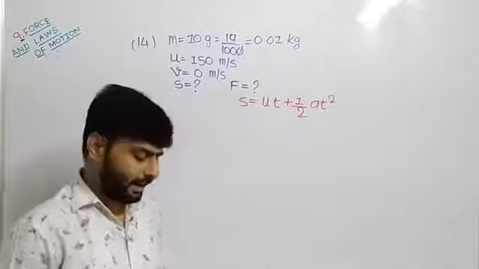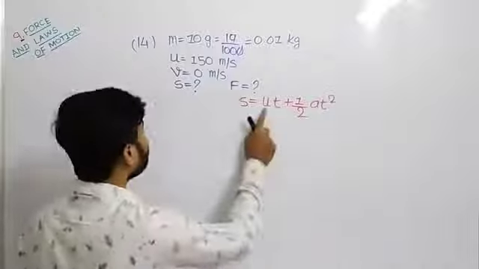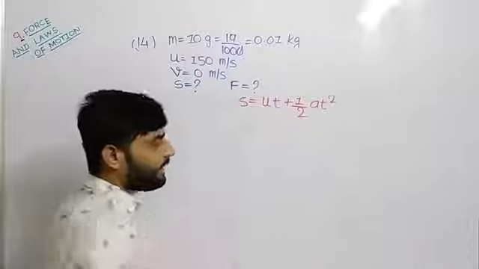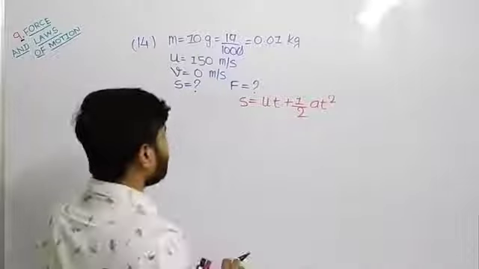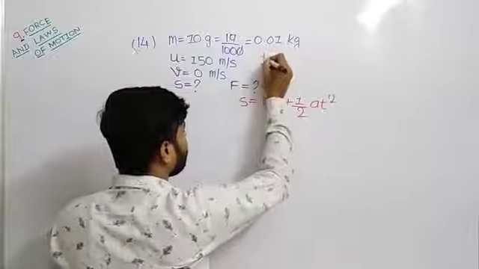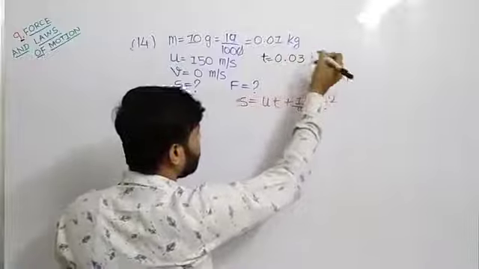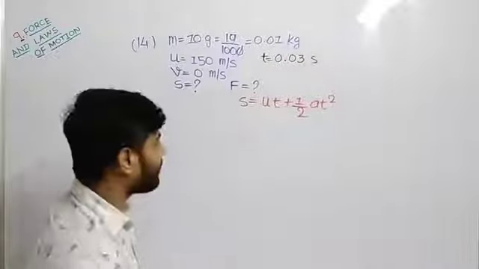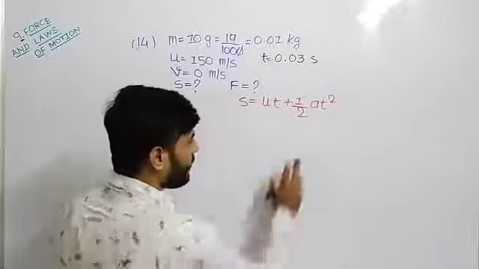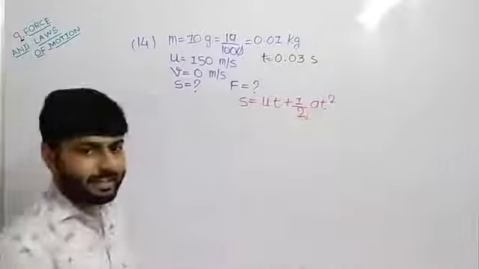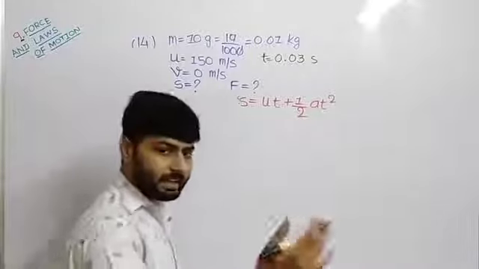For finding S, I need U. Yes, we have U. T, yes, we have T. What is T? It is given here: T is equal to 0.03 second. T is given in our data. So we have T, but we don't have A. We need A, acceleration. So let's find acceleration.